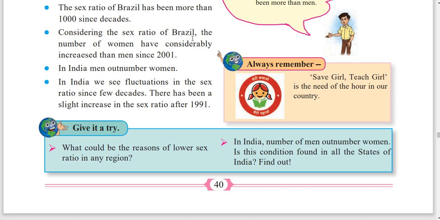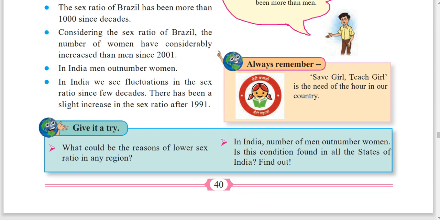Considering the sex ratio of Brazil, the number of women has considerably increased over men since 2001. In India, men outnumber women. In India, we see fluctuations in the sex ratio over the last few decades. There has been a slight increase in the sex ratio after 1991.